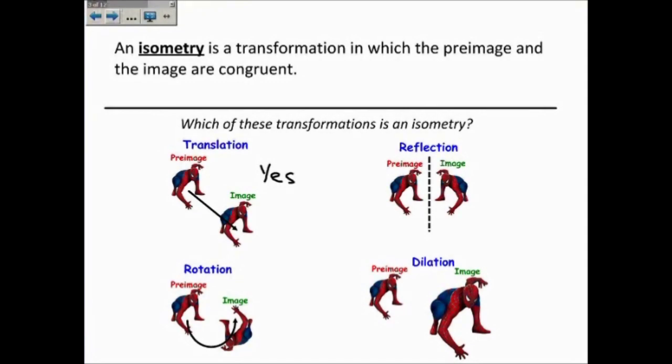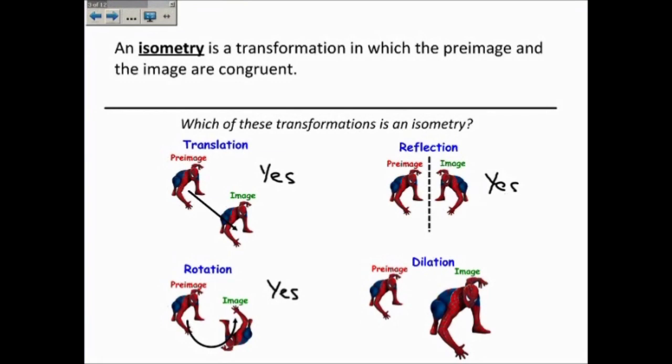Okay, a reflection. Now it does look a little different because it's reflected and it's not exactly the same, but we would still say that they're congruent. They're the same size and the same shape. So reflections are also isometries. Rotation, where you rotate it around some point, I would say yes, they're still congruent, the same size, same shape.